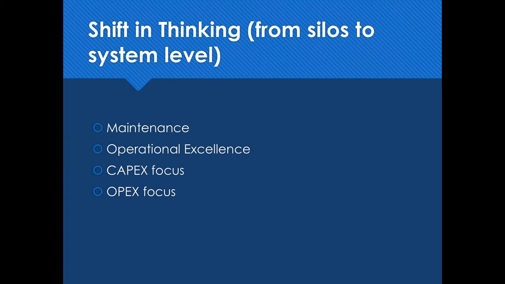And then the last 2 are pretty interesting. One is CapEx, which is capital expenditure, and one is operational expenditure. Interestingly, these again work in their own silos, right? The people who make the decisions while designing these projects take only the initial investment into consideration. They're not giving enough thought to what the operational expenditure needs are.